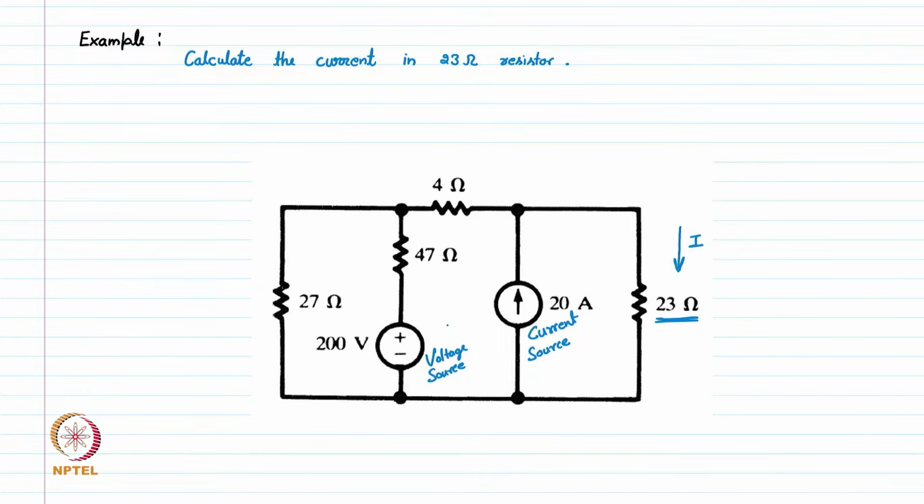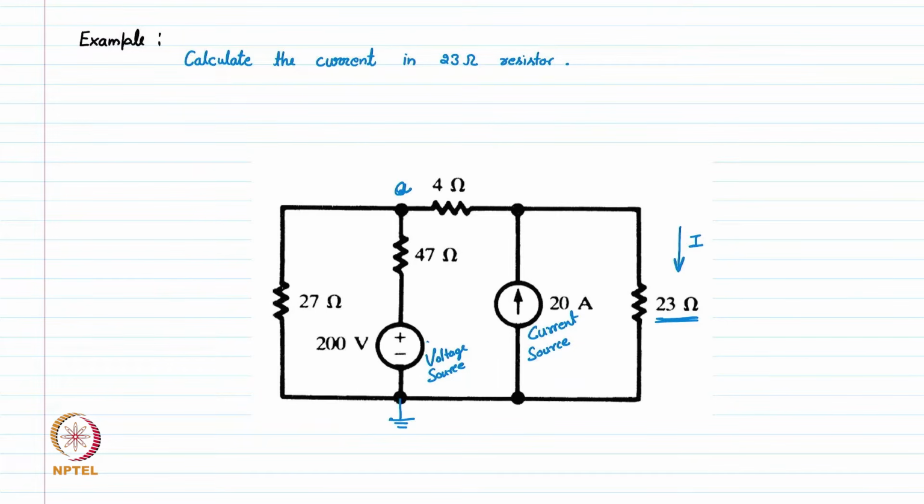This voltage source will also be applying a certain voltage at this node, let's say node A, with respect to ground. Let's say this is the ground. So at node A we have a certain voltage that will cause a certain amount of current in the 23 ohm.